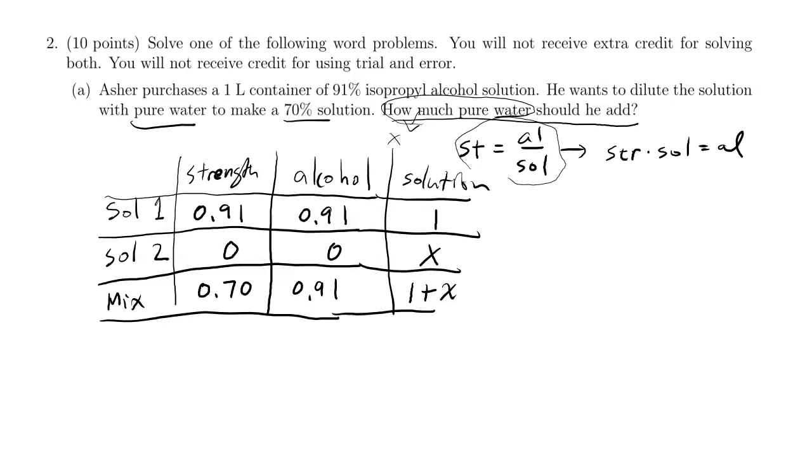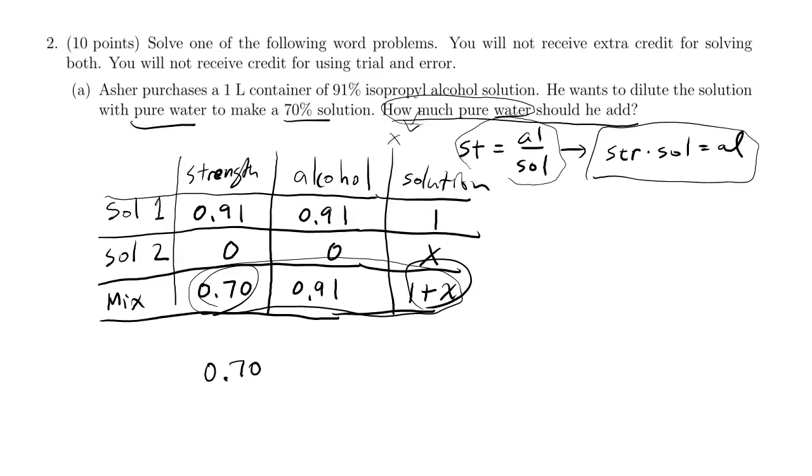And then finally, what you can do in this question, you can use the fact that strength times solution is alcohol. You apply this formula on this last line. So let's see. Strength times solution, which is 0.70 times 1 plus X, should equal the actual alcohol content. So we solve this and we're done. Okay.